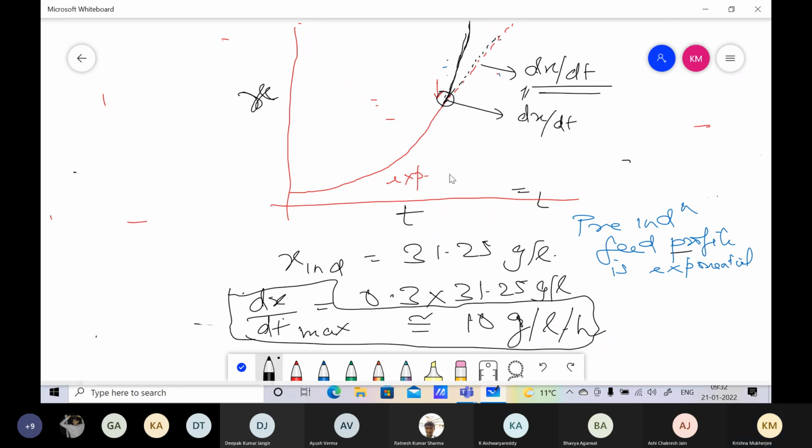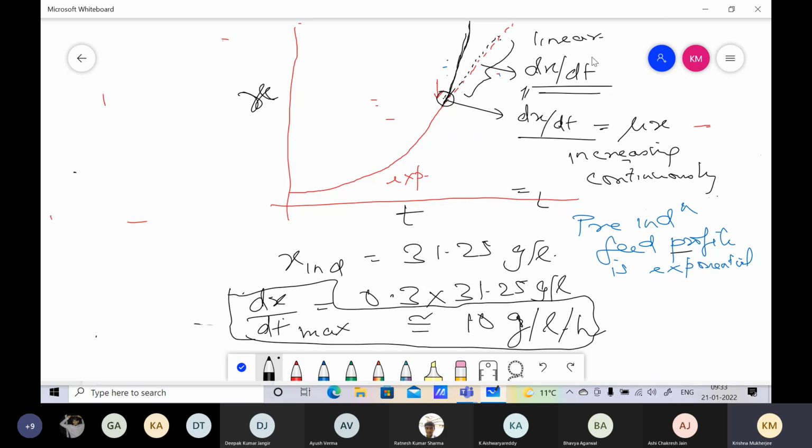These are equal. But now this dx by dt was equal to mu into x till this point, and it was increasing continuously. At this point, this is the linear phase of growth, and dx by dt for linear growth is now equal to a constant.